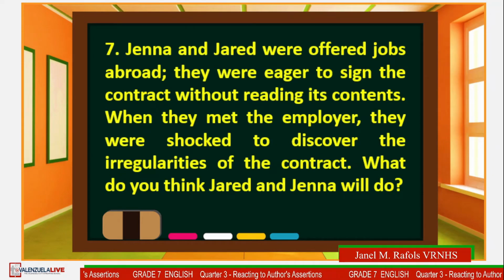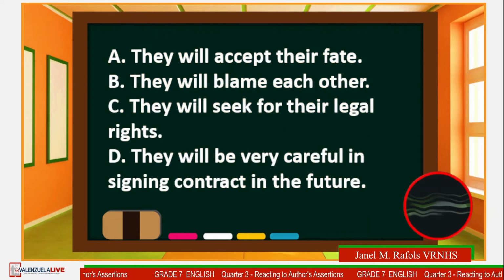Number 7. Jenna and Jared were offered jobs abroad. They were eager to sign the contract without reading its contents. When they met the employer, they were shocked to discover the irregularities of the contract. What do you think Jared and Jenna will do? A. They will accept their fate.